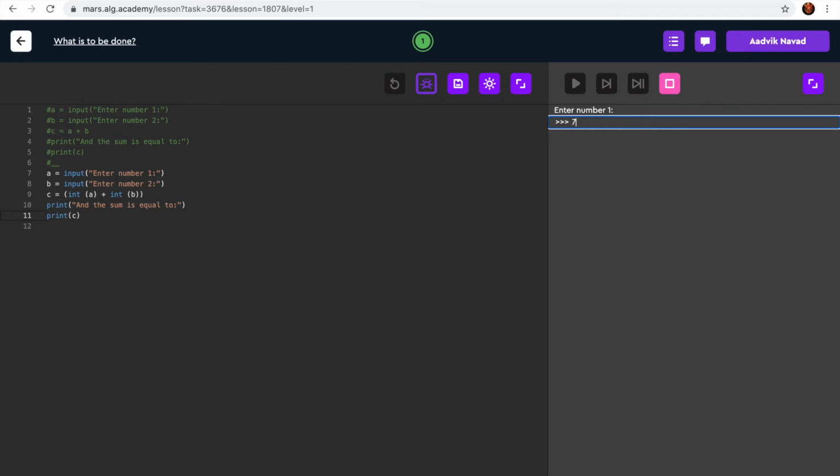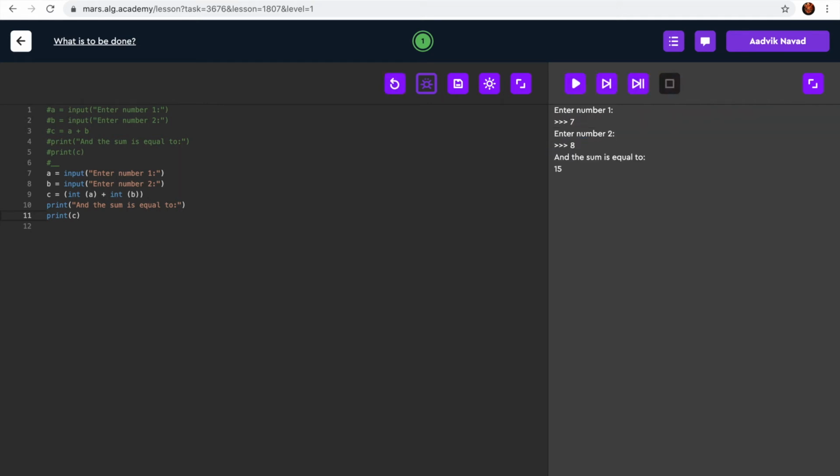Enter number 1, 7, 8, 15, and as I told you guys, the integer is all that makes the difference. So it knows that a and b are integers and not strings, and when you put the plus sign, it knows that you're adding them together.